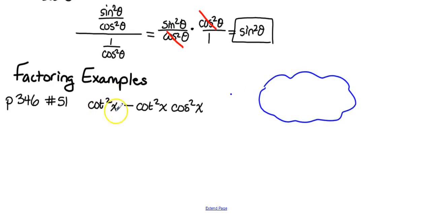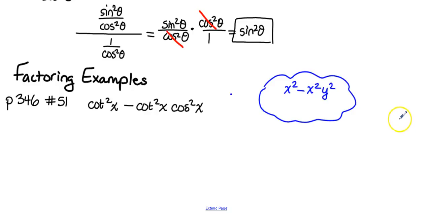If I let cotangent of x squared just be x squared, this I could mentally see as x squared minus x squared, right? You have another cotangent squared. And then cosine squared x, I'm just going to let that be a different variable.